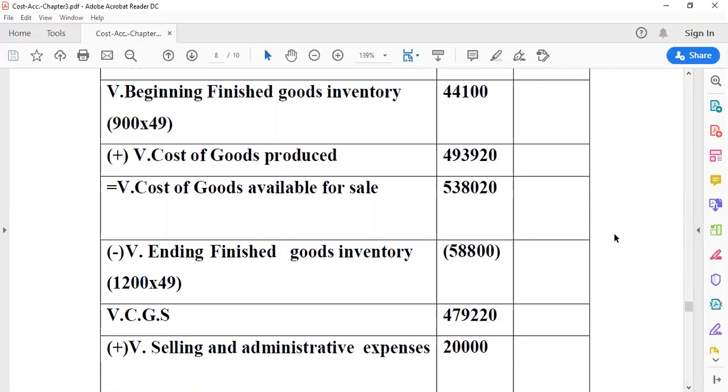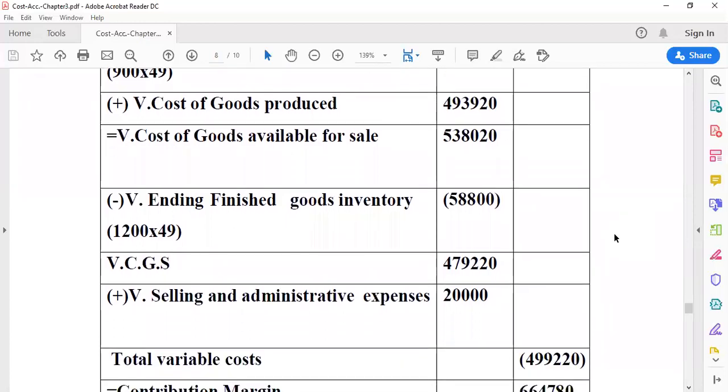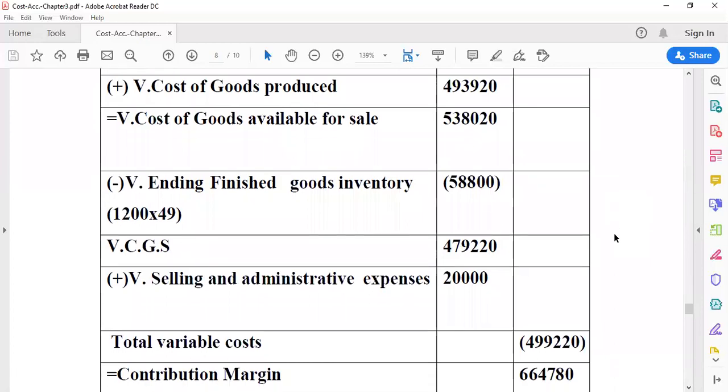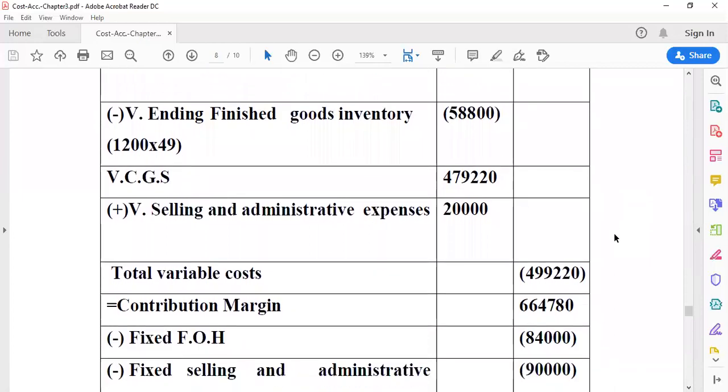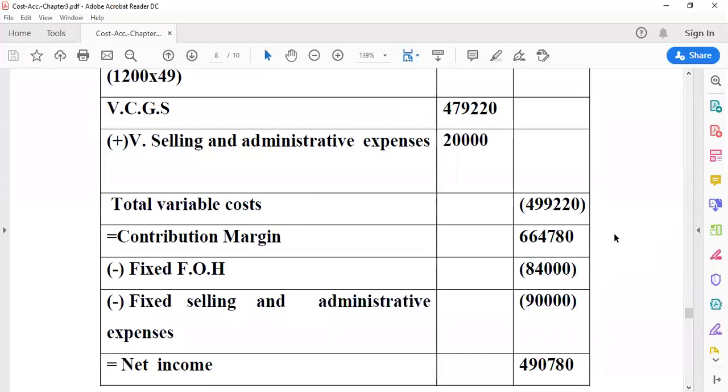Then I need to subtract the variable ending finished goods inventory, which has equivalent units of 1,200 times 49. If I do so, I will get the variable cost of goods sold.